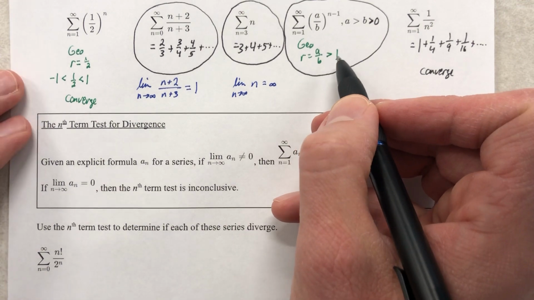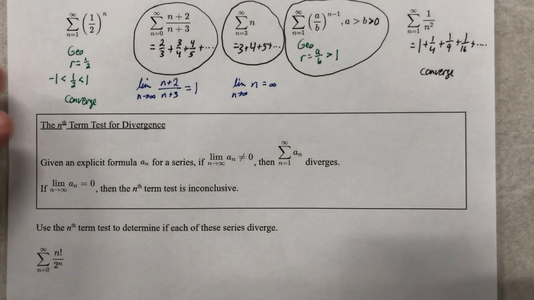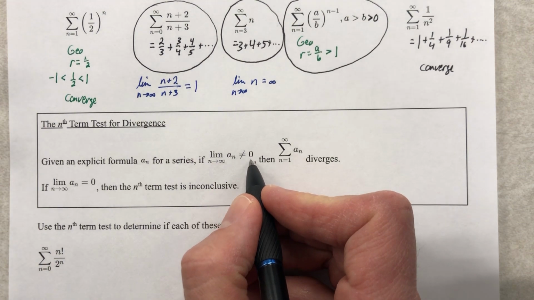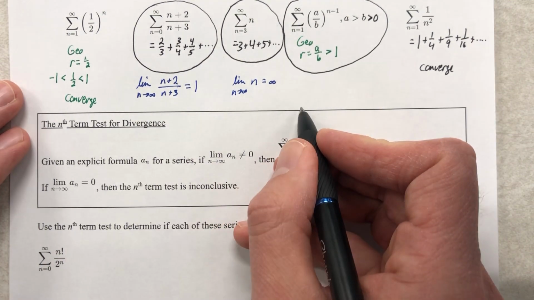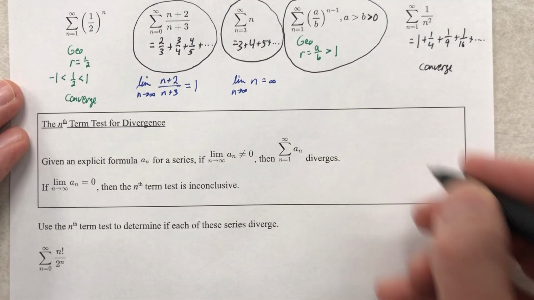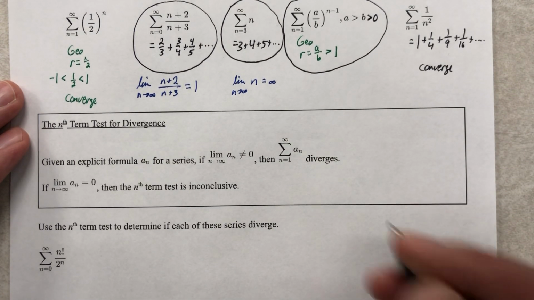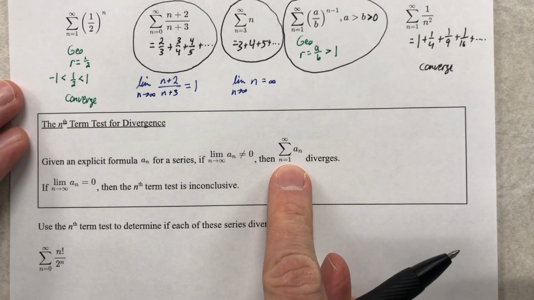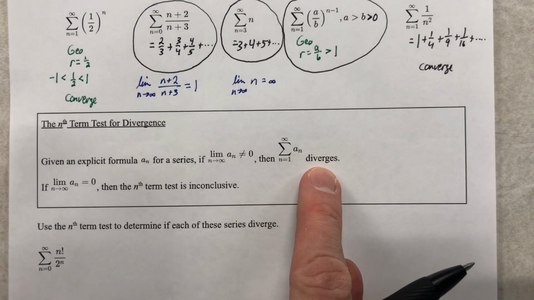Just a little hard to explain with those, with lack of numbers, but yeah. If they're approaching a number other than 0, they're getting ridiculously big or ridiculously small, or they can alternate back and forth, but get further from 0 each time. Then the entire series, whether it starts at 1 or not, is going to diverge, okay?